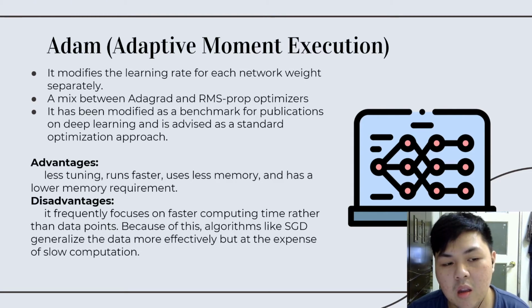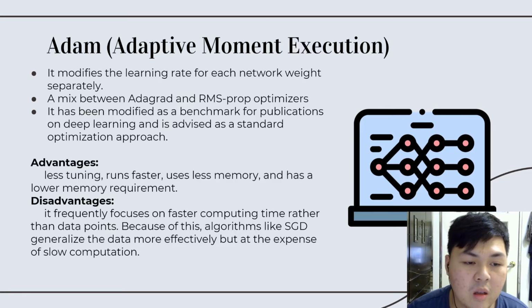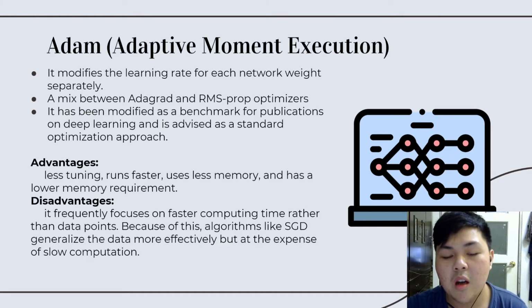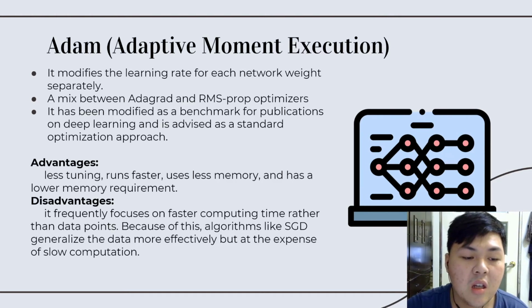But there are also drawbacks, where it frequently focuses on faster computing time rather than data points. Because of this, algorithms like SGD generalize the data more effectively, but at the expense of slow computation.